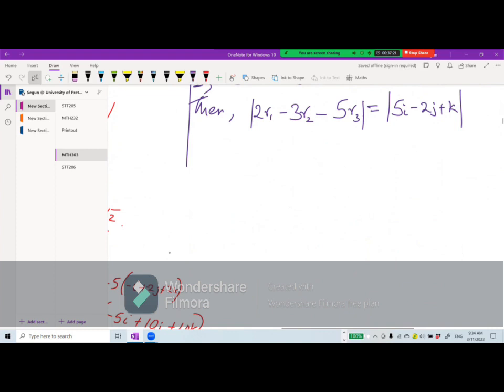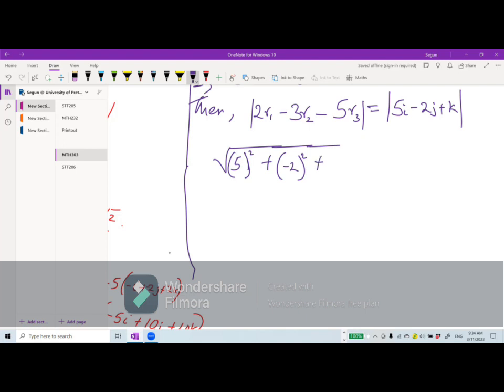So at the end of the day, what do we have? We're going to find the square root of 5 squared, put them in the brackets for simplicity, plus negative 2 squared, then plus 1 squared.